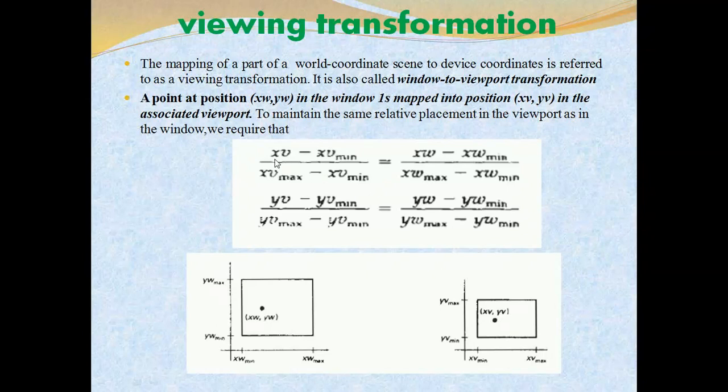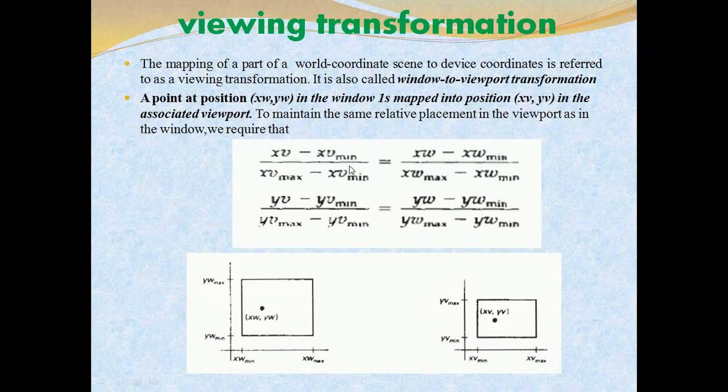To transform this image or point from world coordinate to viewport, we use the following equation. The ratio is always constant and remains unchanged. When we map an image from world coordinate to device coordinate, the ratio between x and y is always constant.